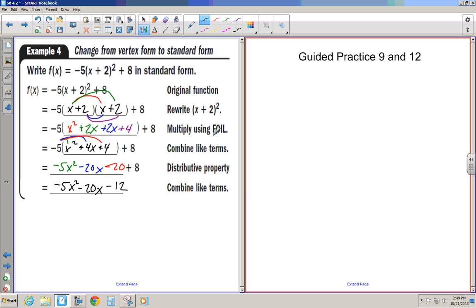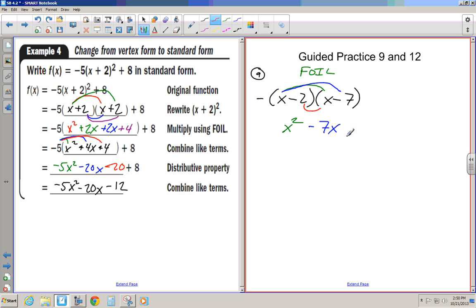So let's take a look at guided practice 9 and 12. For FOIL, number 9 looks like negative (x minus 2)(x minus 7). And the guided practice tells us that we should write it in standard form. So you first do FOIL. The first, x times x. The outside numbers, the numbers furthest to the outside, minus 7x. The inside numbers.